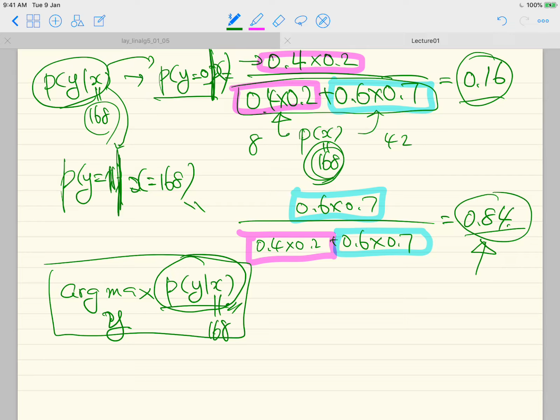And for each value of x, we can simply pick the maximum probability and its corresponding class label. So this is our quite obvious and quite reasonable classification strategy. This is called the Bayes classifier.